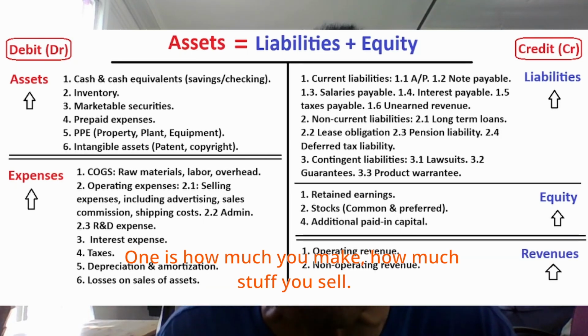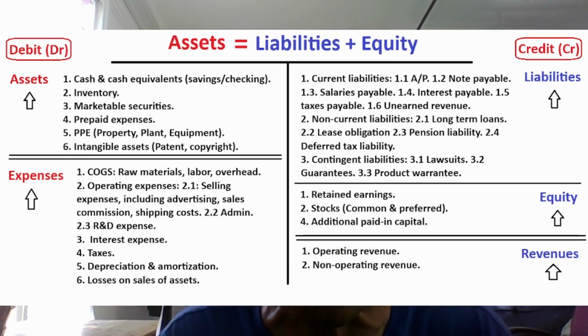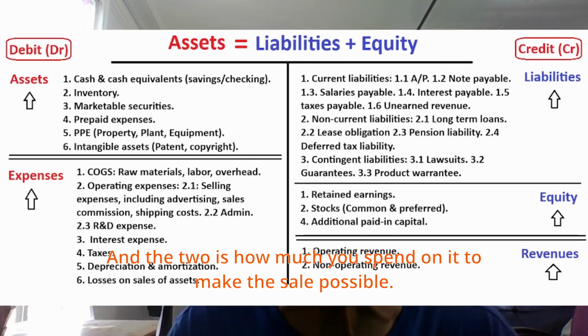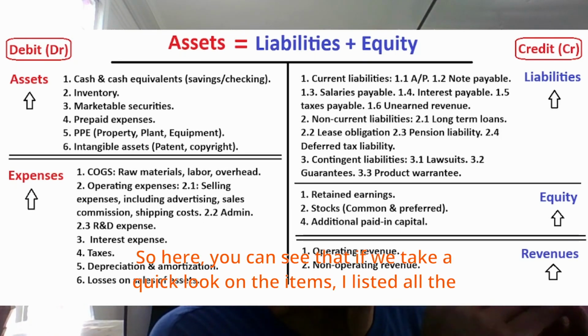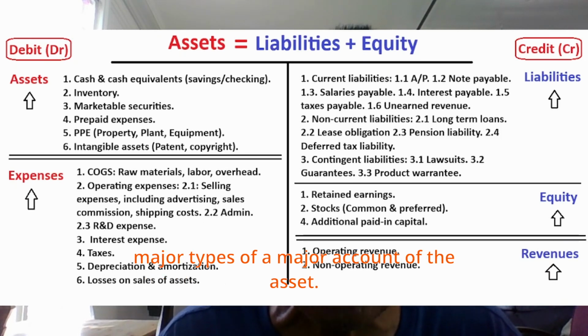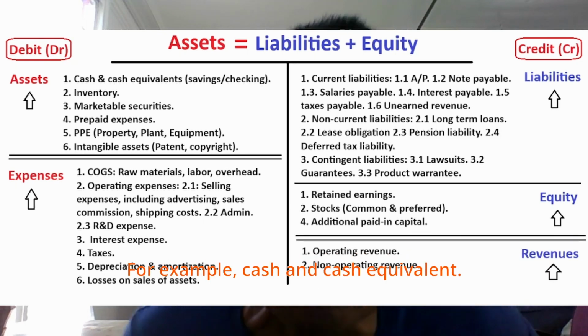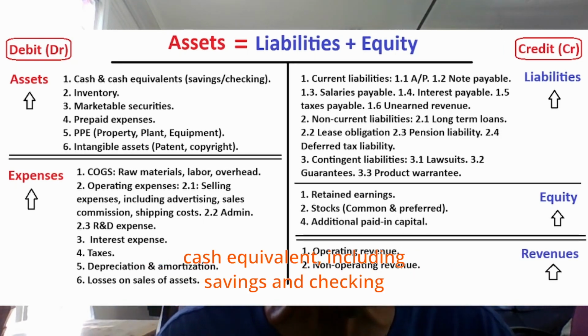So the income statement is basically about two things. One is how much you make, how much stuff you sell, and two is how much you spend to make the sale possible. Take a quick look at the items. I listed all the major types of accounts of the asset.